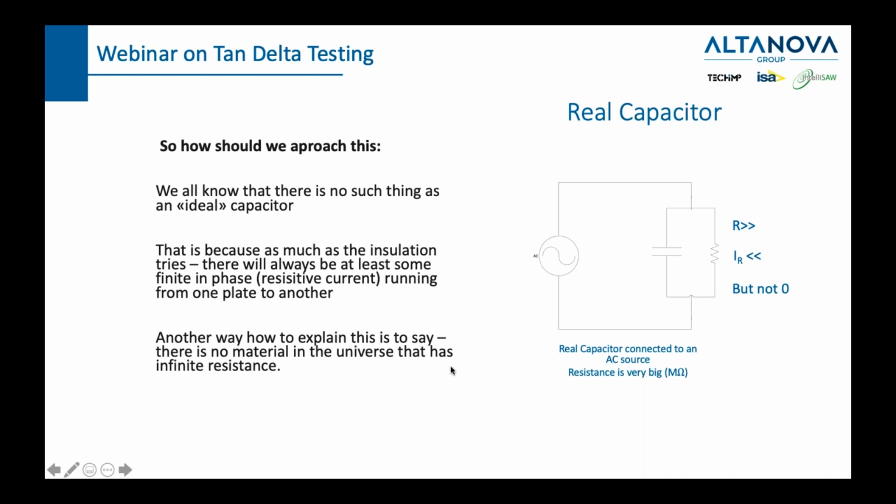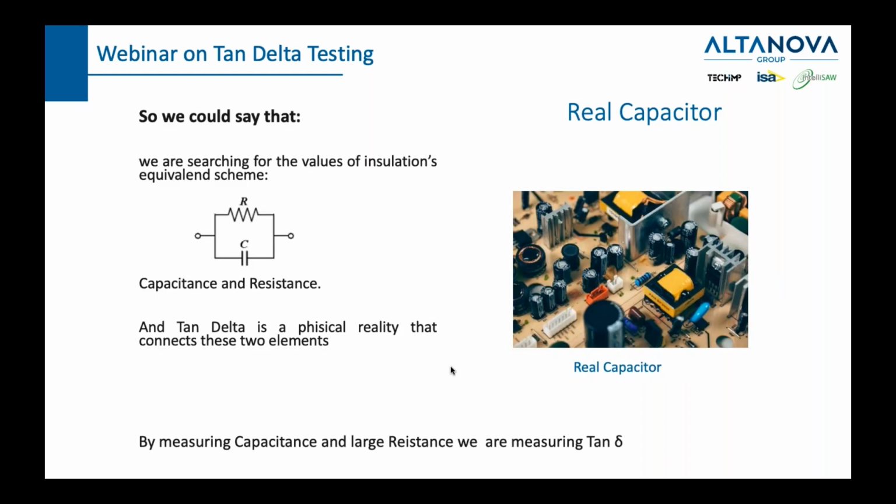Another way to explain this is that there is no ideal insulator in the world. Ideal, by that I mean that this insulator will not let through any resistive current. You always have some measurable resistance, and if you have measurable resistance with the applied voltage, you will definitely have some resistive current. So we can say that we are searching for the value of the insulation's equivalent scheme.